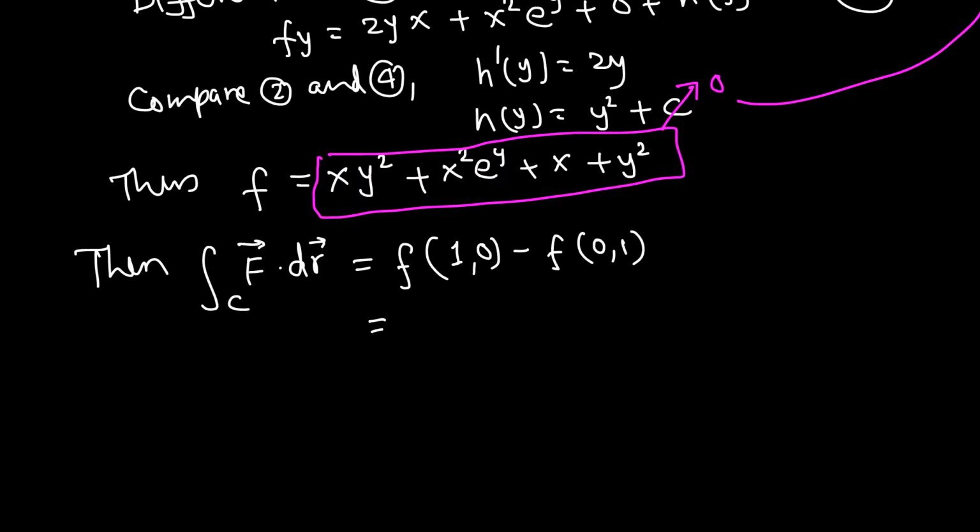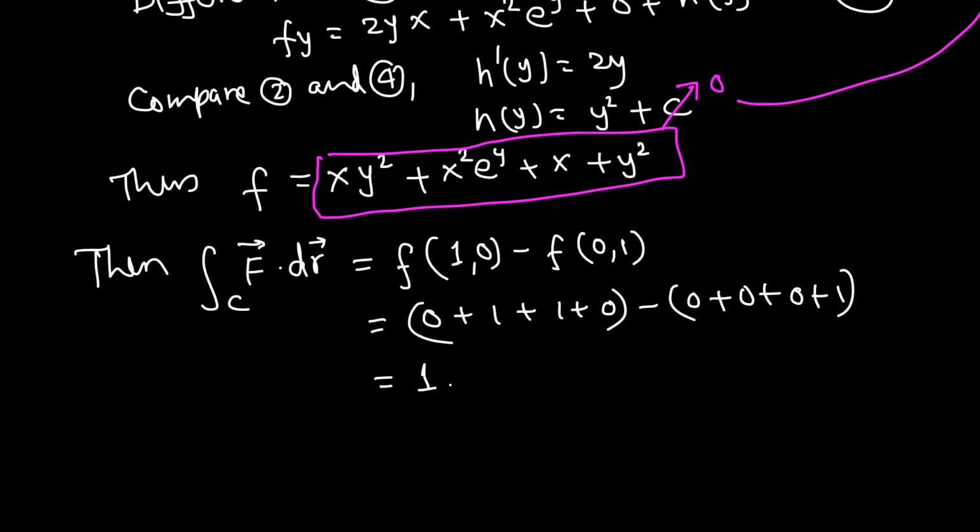So 1 times 0 squared is 0, e to the 0 is 1, 1 squared is 1, times 1, plus 0 squared is 0, minus f of (0, 1), x equals 0, y equals 1. This is 0, this is 0, this is also 0, 1 squared is 1, so 1 plus 1 is 2, minus 1 is 1. Final answer: 1.